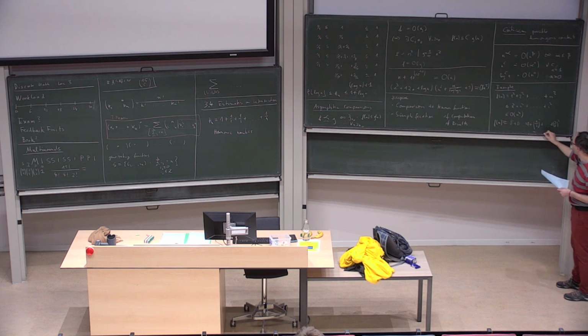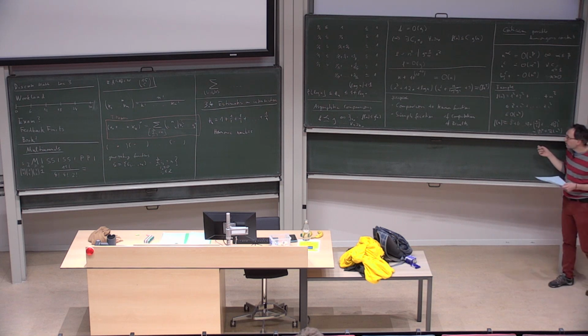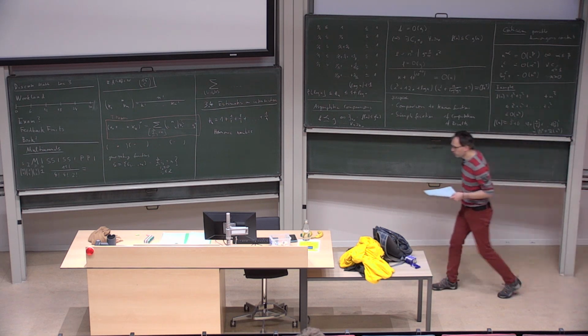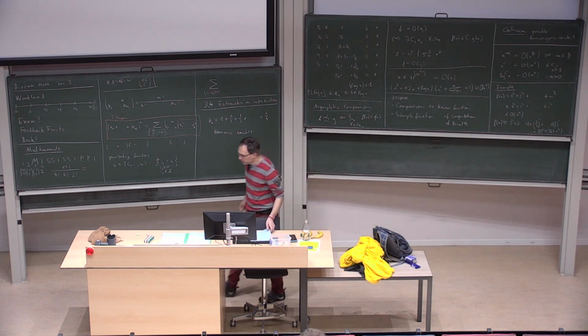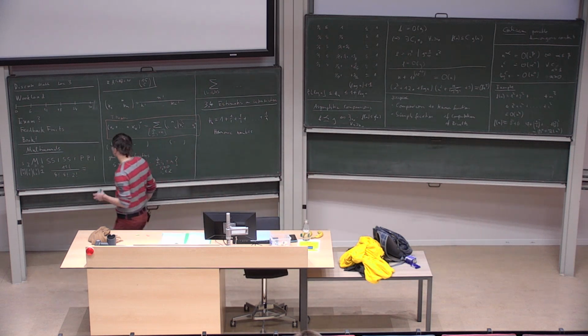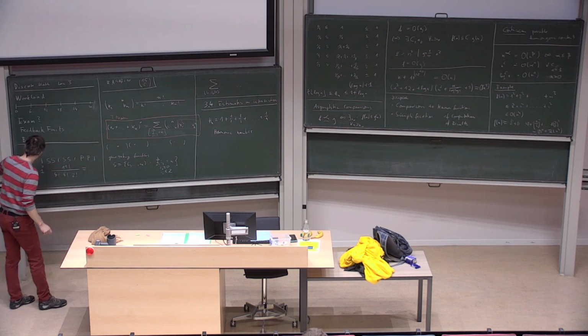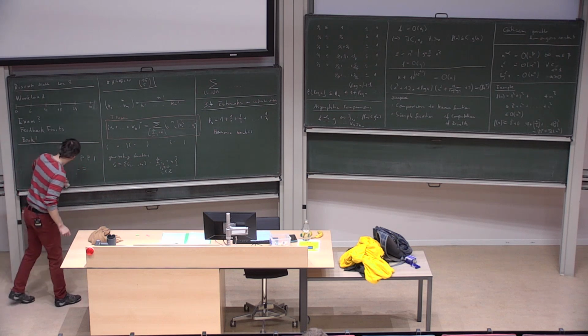And this gives us n over 2 to the 4. Which is not big O, but it's the other notation, omega of n to the 4. Omega, I don't want to define formally, but it's kind of the opposite of O.